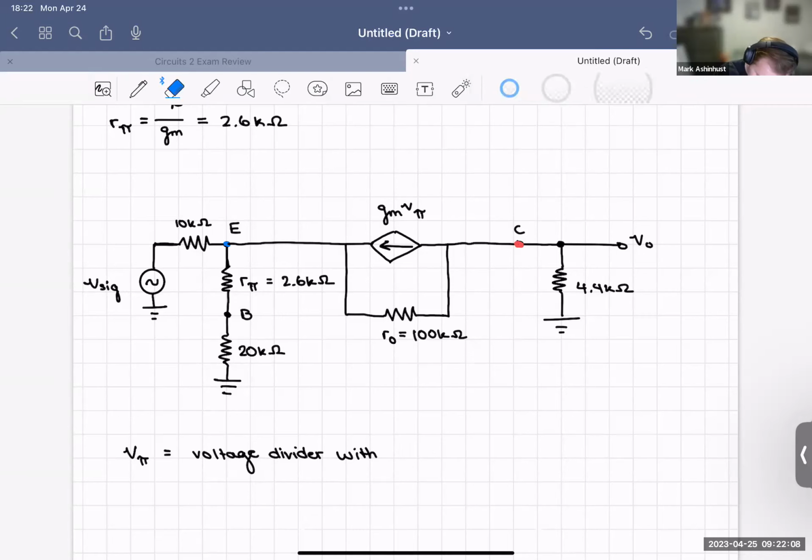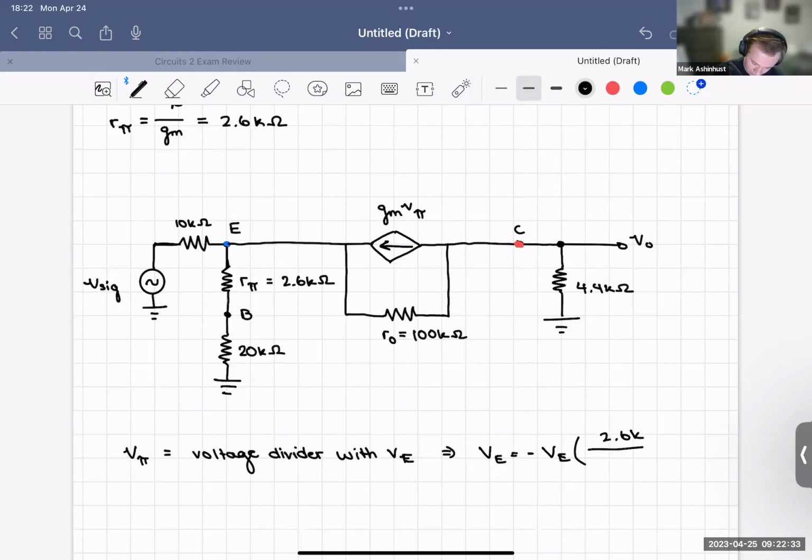So we have a voltage divider with VE. We'll have that negative VE, and then we have that 2.6K over 20K plus 2.6K.